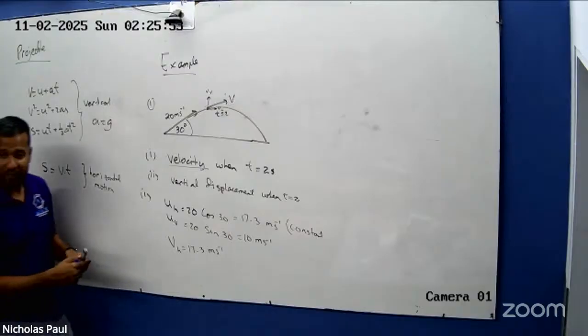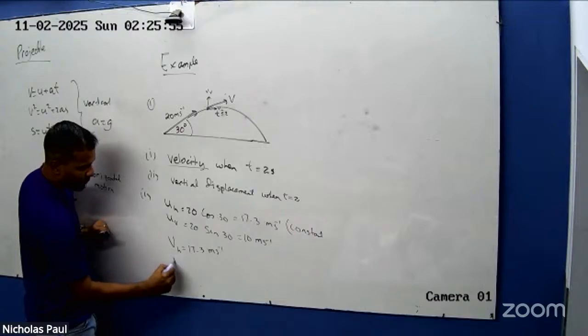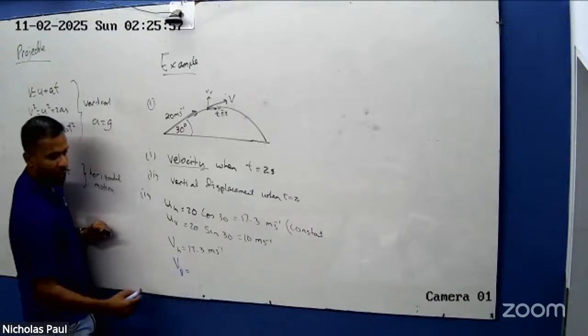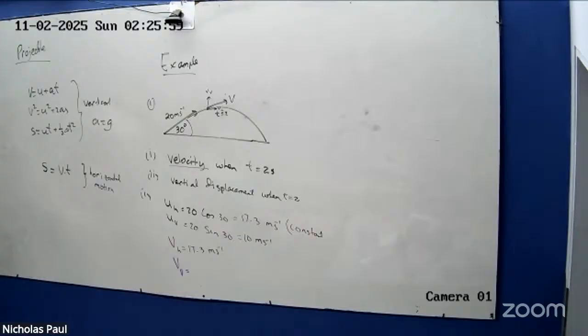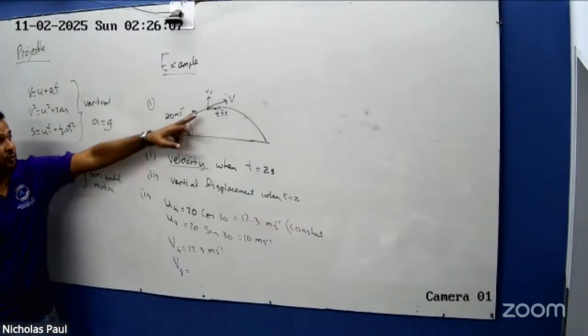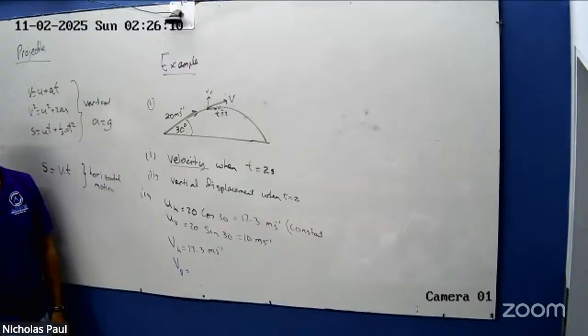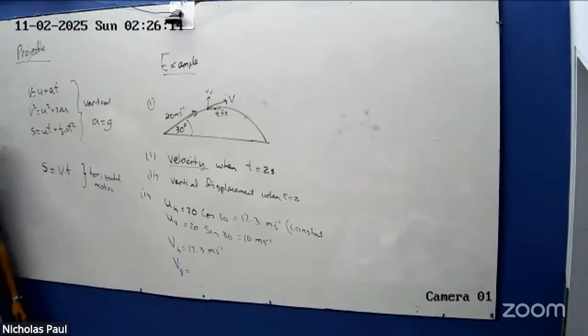How are we getting the vertical component of velocity? Adam, what do you think? How are we getting the vertical component of velocity when t is 2? One of these equations, which one will you use? The first one, because they do our best, so you can't use these two.